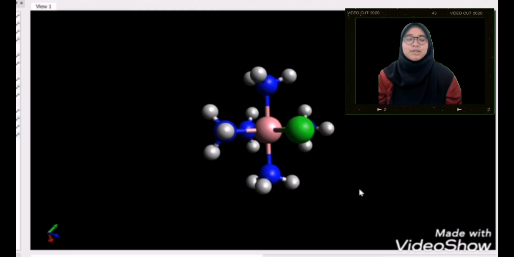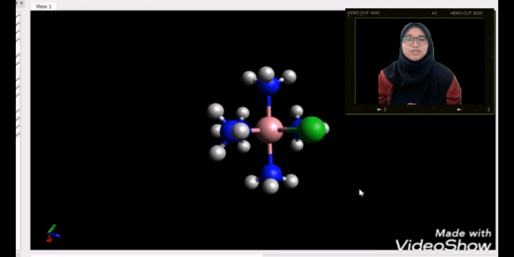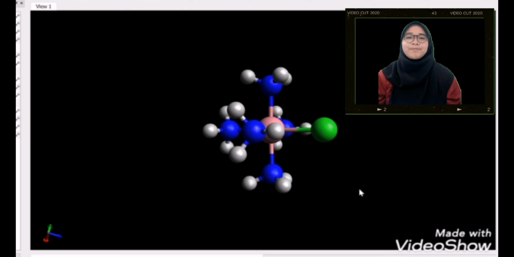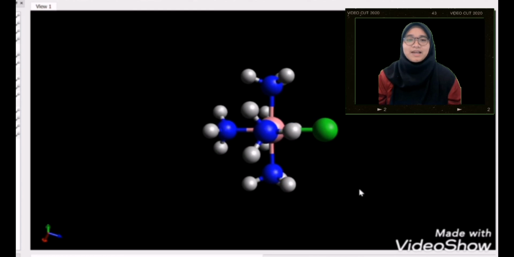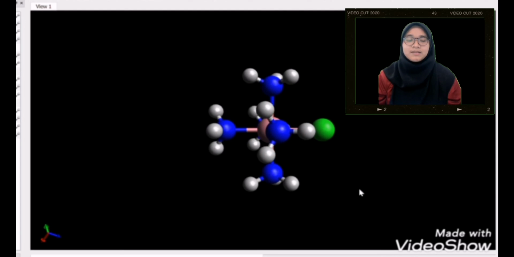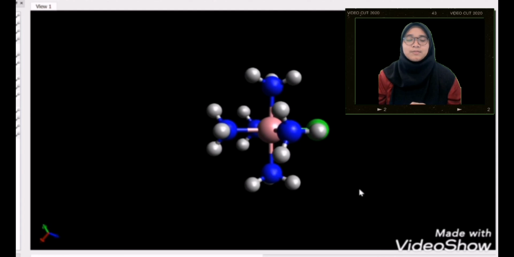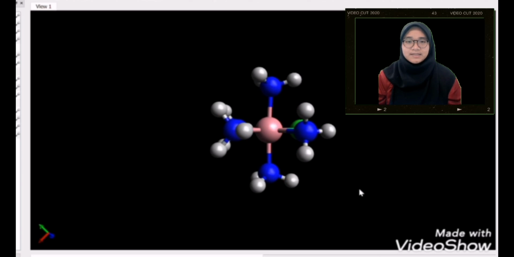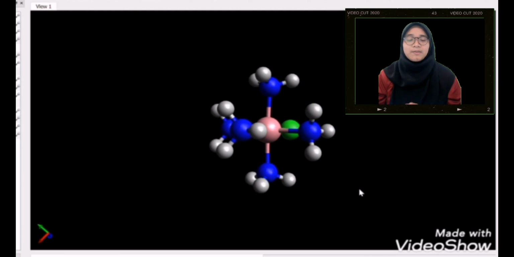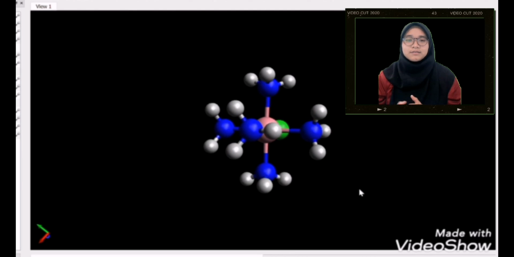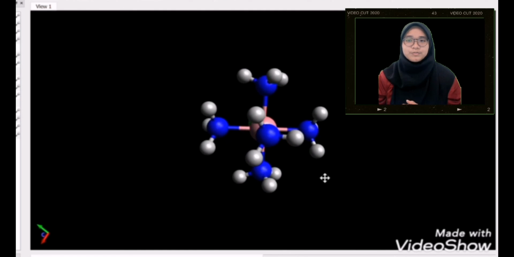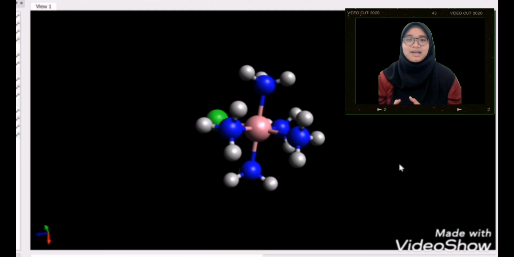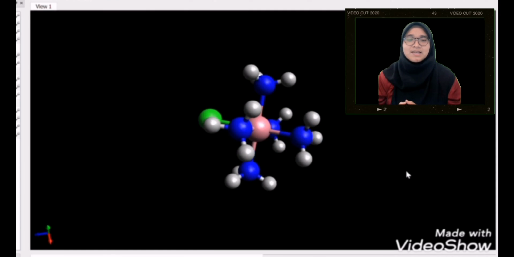From its structure, we can see that this complex adopts an octahedral geometry and has a coordination number of 6. The central metal ion for this complex is cobalt, which has a charge of 3+, and it has 2 types of ligands attached to it, the Cl- and the amine group. So 5 amine groups are attached to the central metal ion, while 1 Cl- is attached to it too.